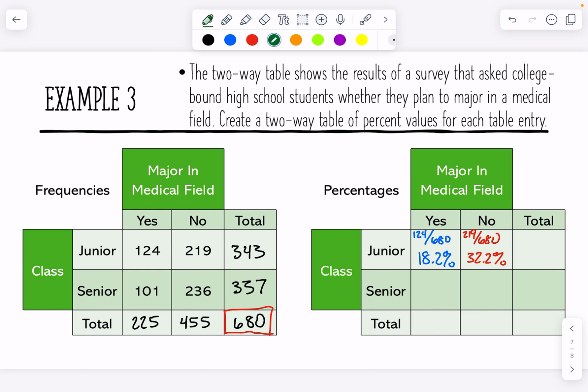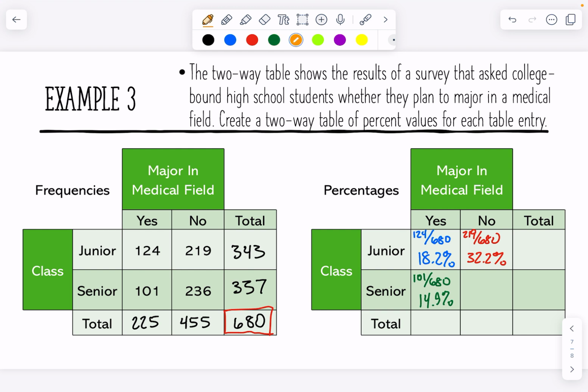Now I'm going to go on to the seniors. Seniors that will major in a medical field is going to be 101 divided by 680, which is 0.1485. That 5 makes the 8 go up to 14.9%. I better write down that calculation there. 101 divided by 680.